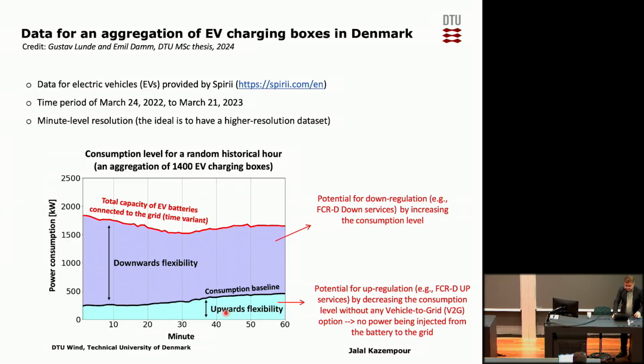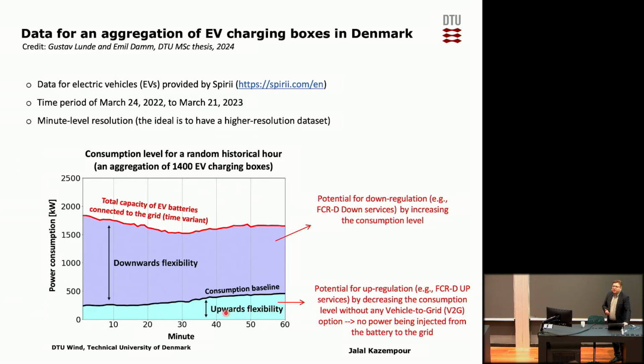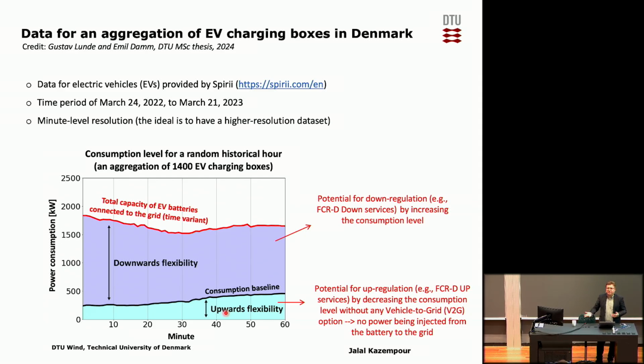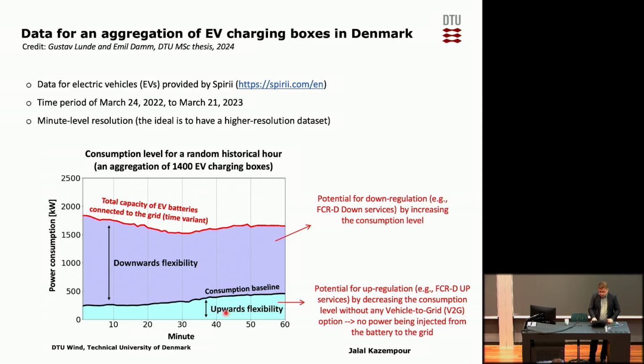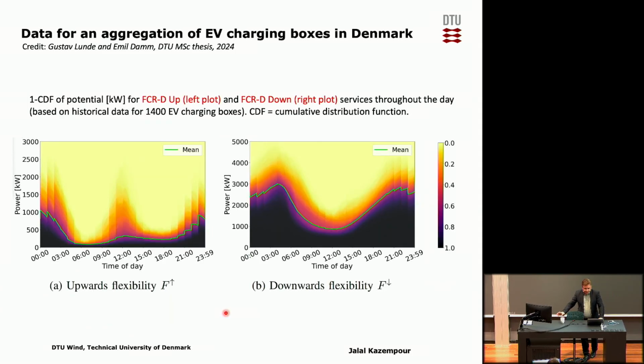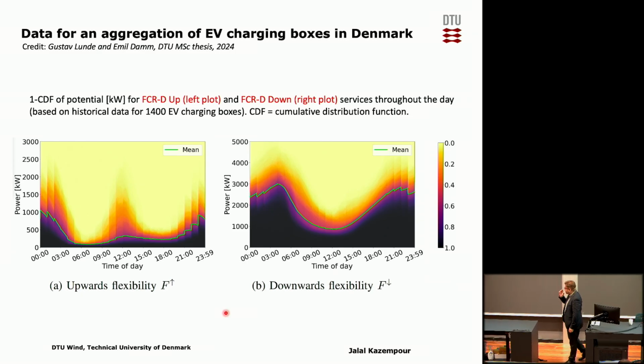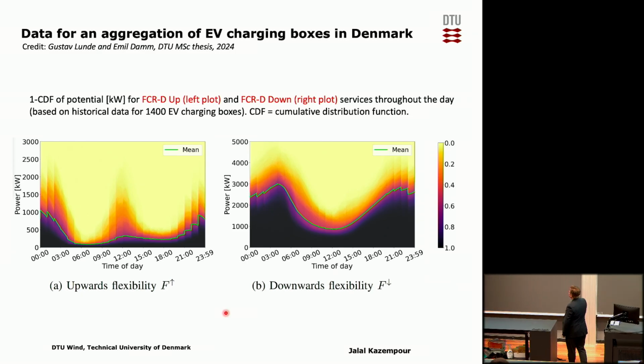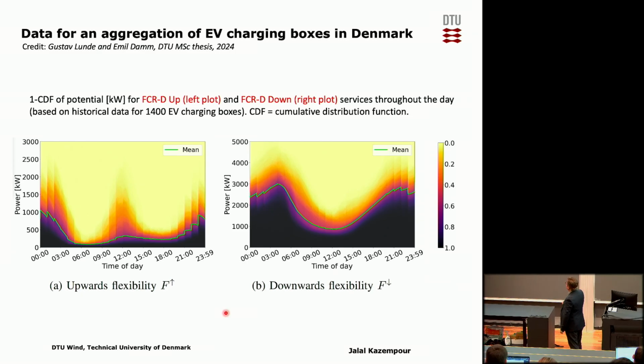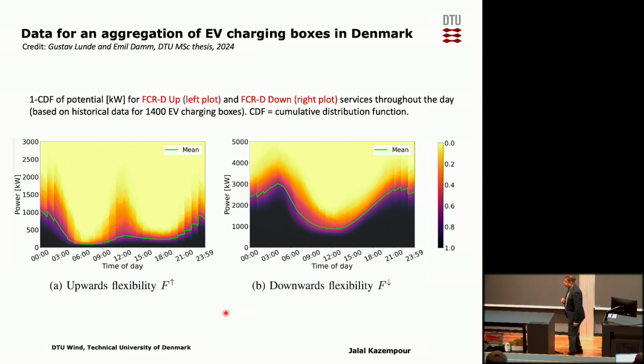Good. But this is for only one historical hour. There is uncertainty. In different historical hours, different realizations of potential for FCRD up and down happened. So what Emil and Gustav did, they built these two CDFs, cumulative distribution functions.